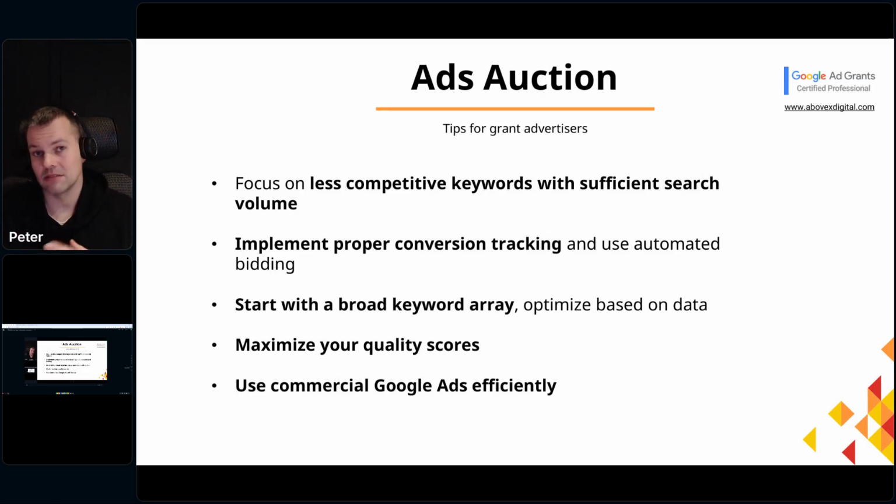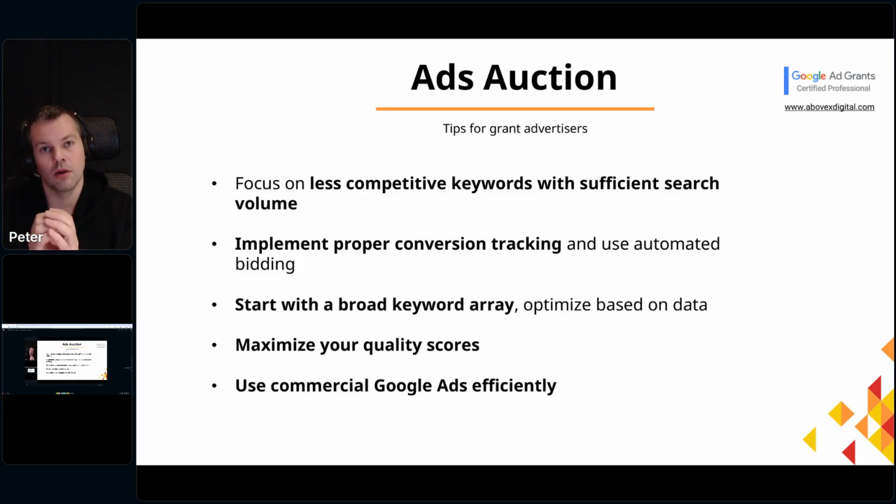In commercial accounts, it's a different game. In commercial accounts, it's your money, so you cannot use 5,000 keywords that would burn a lot of cash. So in commercial accounts, you need to use a different approach. Start small, focus on what you know works, which could be keywords, for instance, that work for you in the grant account.